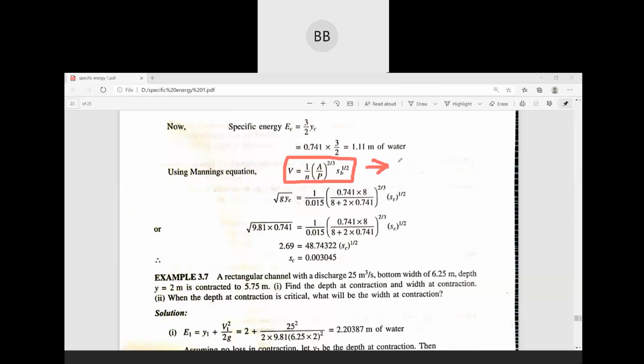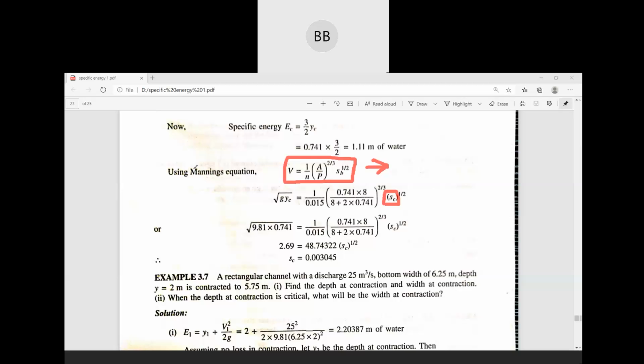1 by n, R to the power 2 by 3, SB to the power half. That SC we are going to consider, as we are talking about critical flow condition. So in place of SB, we are going to consider critical slope.